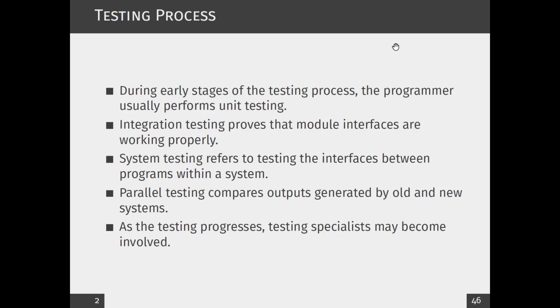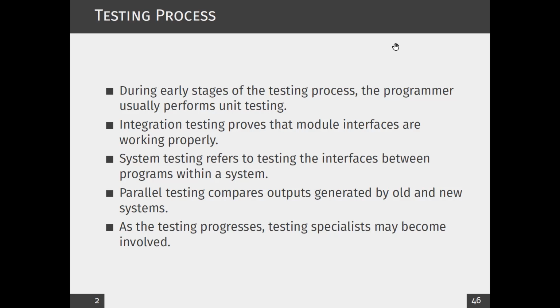Once the units are done, we can put multiple units together, maybe at the module level, and do what we call integration testing, to check whether these parts properly integrate together. Once all the modules are put together as a system, we check the whole, which we call system testing.